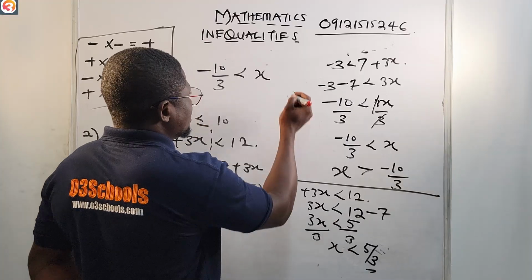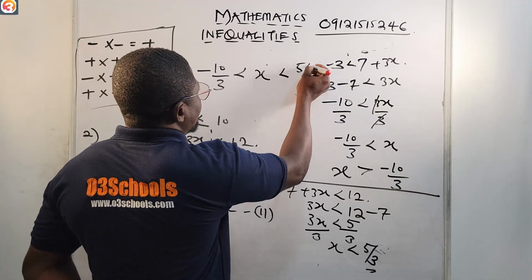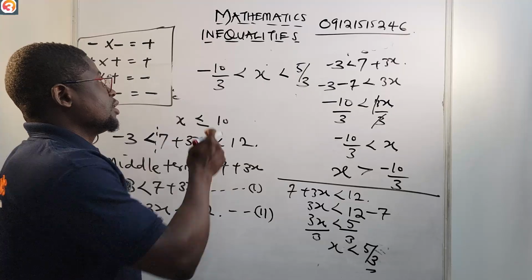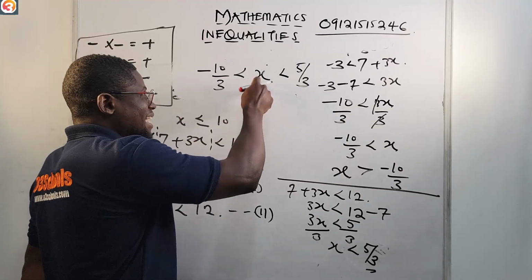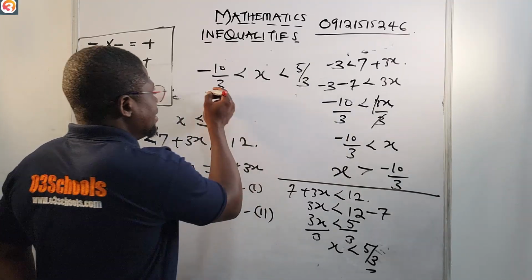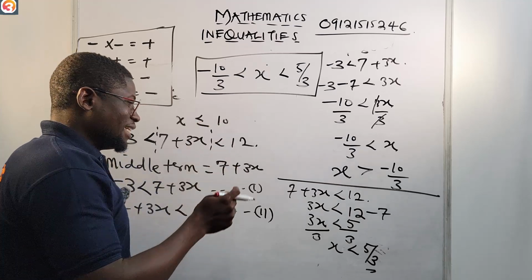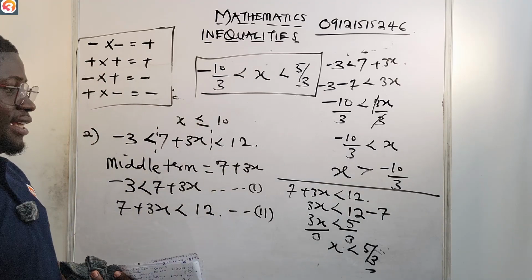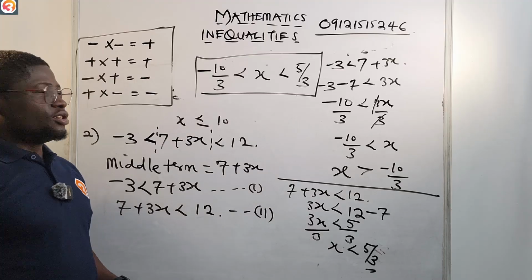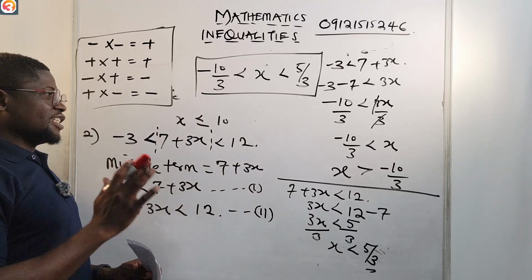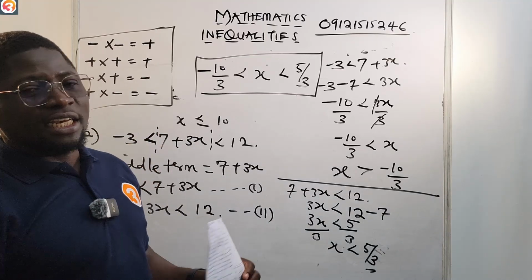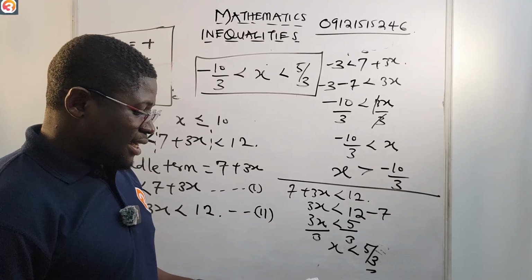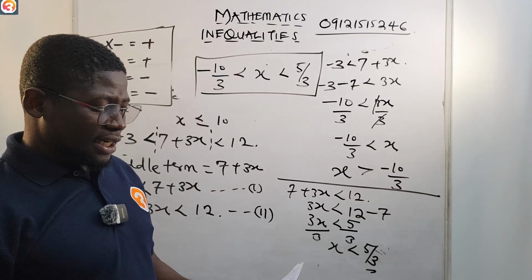So minus 10 over 3 is less than x, but x is less than 5 over 3. So we have combined them. This is the range of values that will satisfy this inequality. So it becomes very, very easy. That's how you split. You split down the middle. The middle term affects both sides of the inequality.